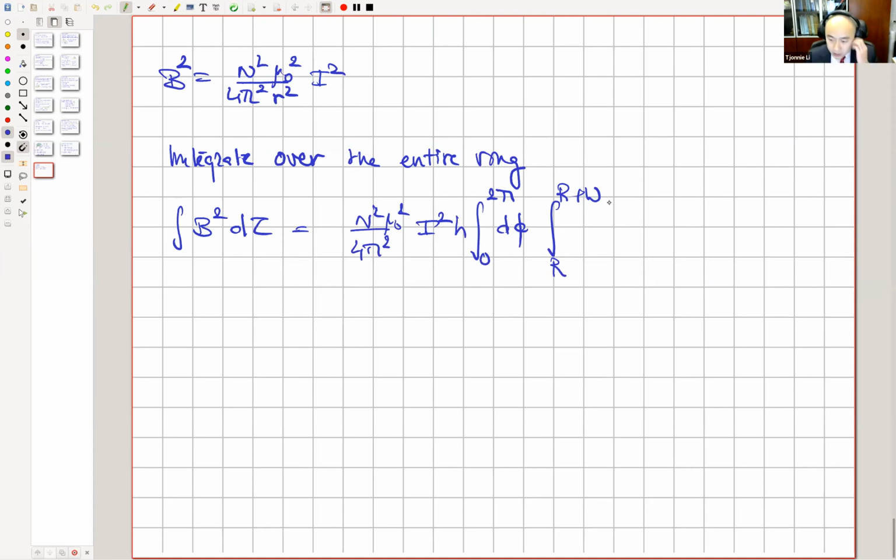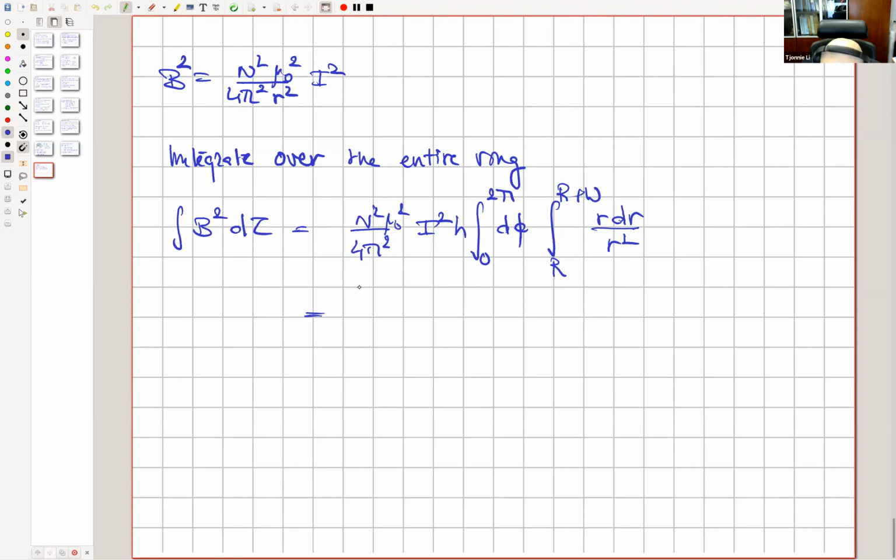And in order to do this for the whole ring, this is a small section of the ring, so that's R dr, but I've got 1 over R squared here. Because in this case H is simply a constant. And so here what I have for this integral is just a 1 over R integral.